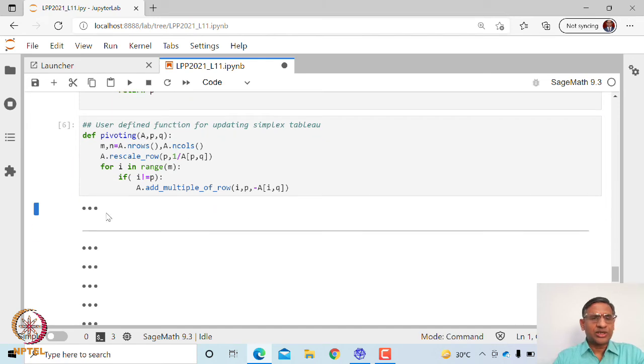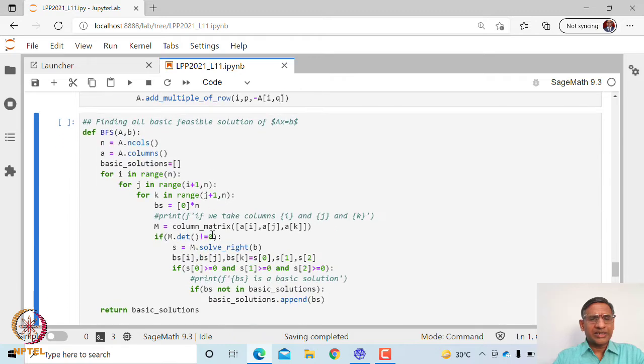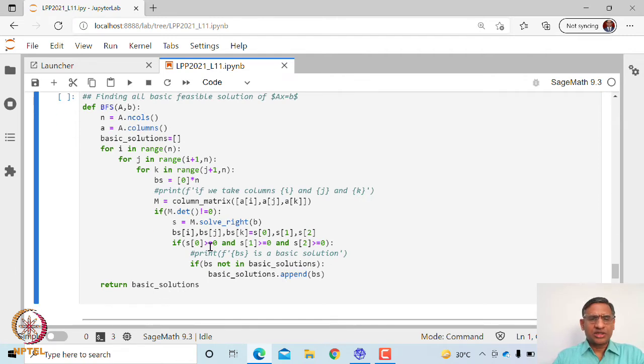I am just including these three functions here, and we will also write another user-defined function for finding all basic feasible solutions, because one of the results says that there is a bound for the value of the objective function for any feasible solution. So we will write all the possible feasible solutions, and we will compare the value of the objective function for these.